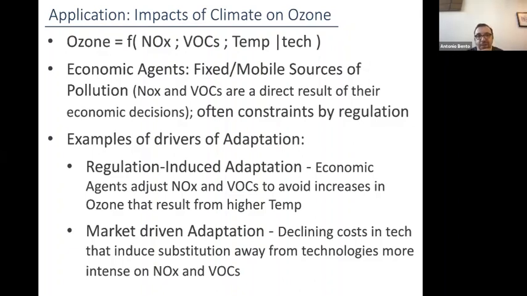And the application here refers to the impacts of climate change on ozone. And the first thing that it's important to recognize is that you may be concerned that the economic agents whose behavior may cause adaptation is still somewhat far from the final outcome of ozone.